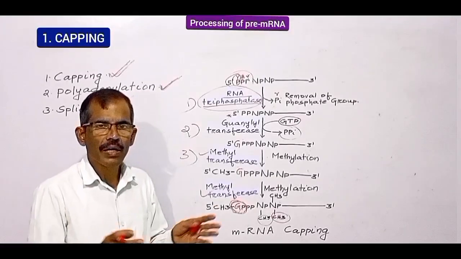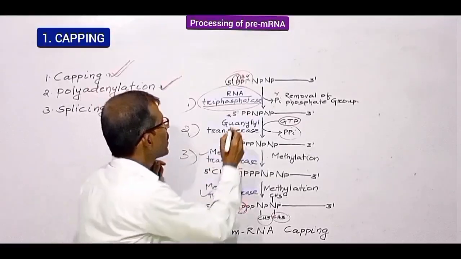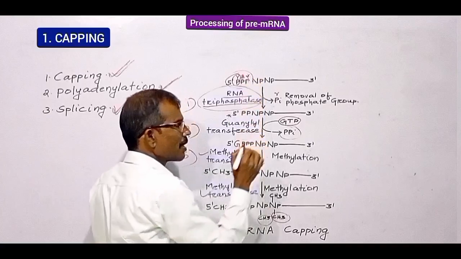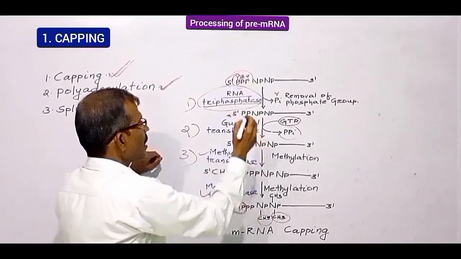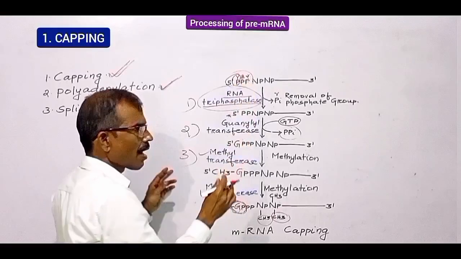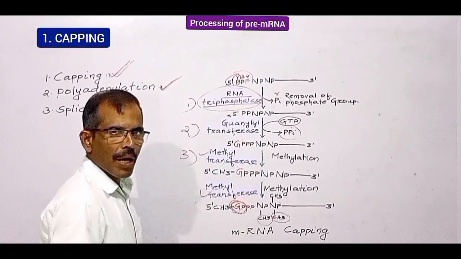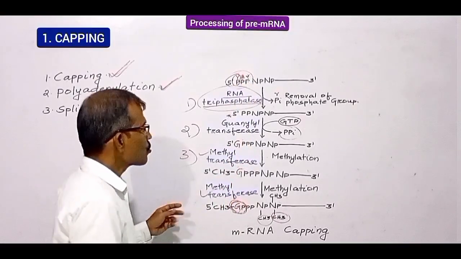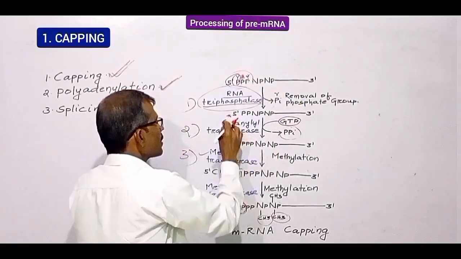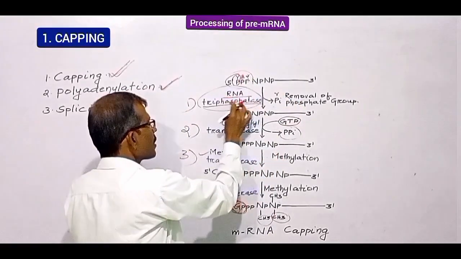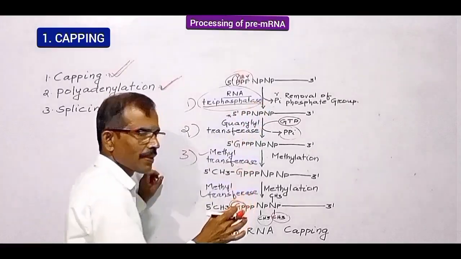Normally, all RNAs have 3 phosphate groups at the 5' end. These phosphate groups are designated alpha, beta and gamma. mRNA capping begins with the removal of the gamma phosphate by the action of the enzyme RNA triphosphatase.